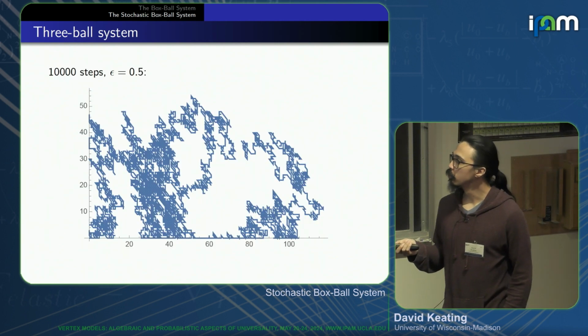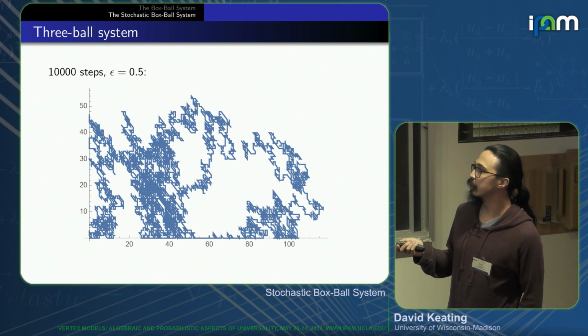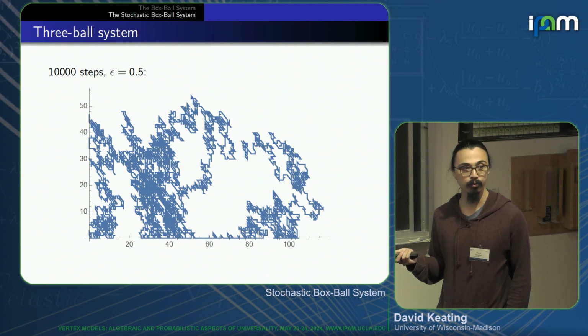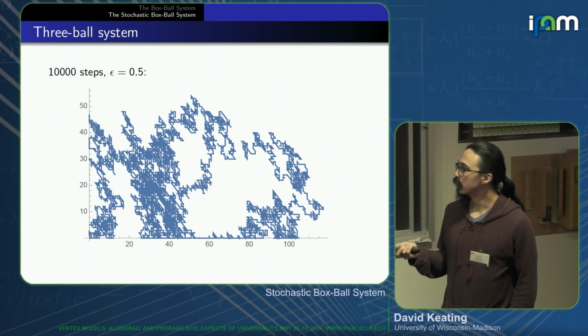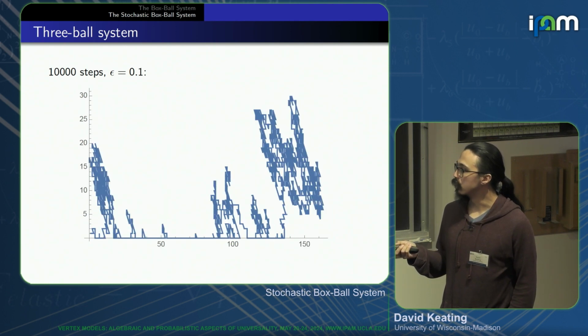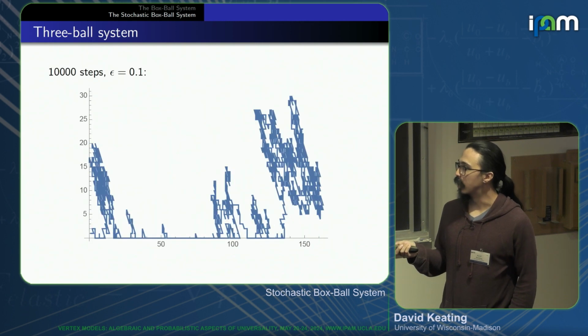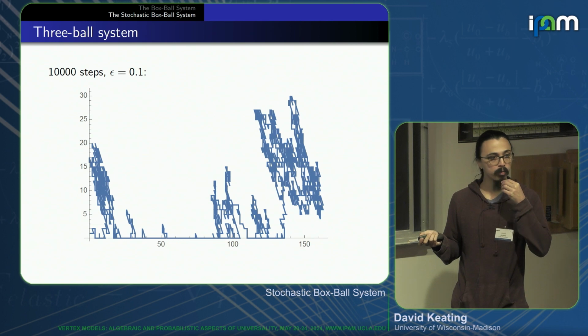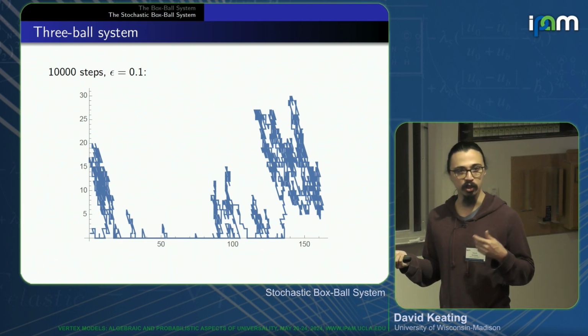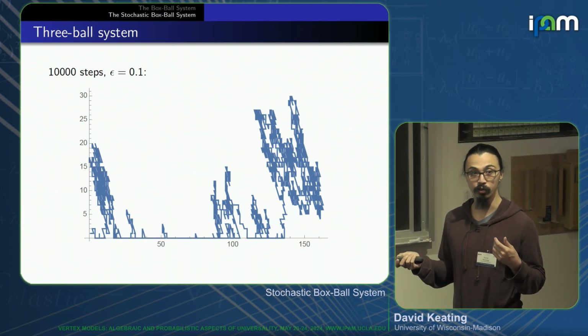Okay. So here's a trajectory of the interdistances for some 3-ball system. When epsilon is small, the failure probability is small, so the soliton behavior gets preserved more.